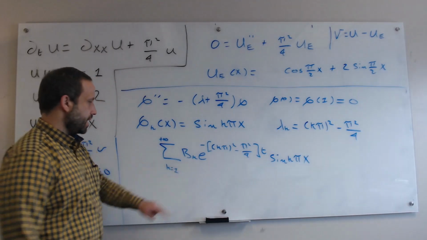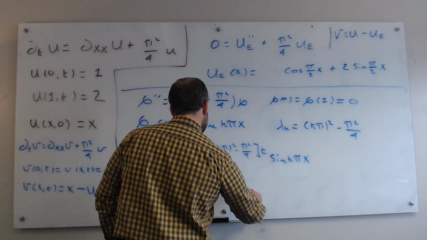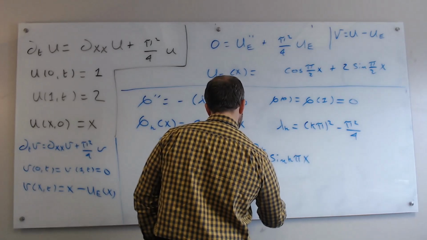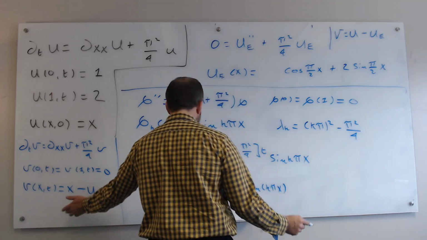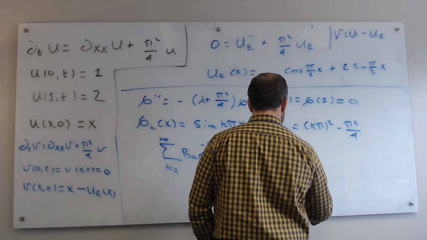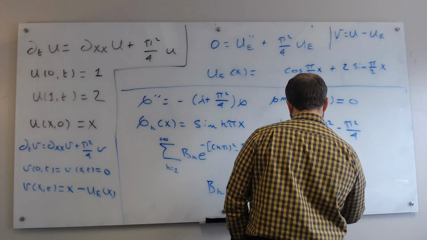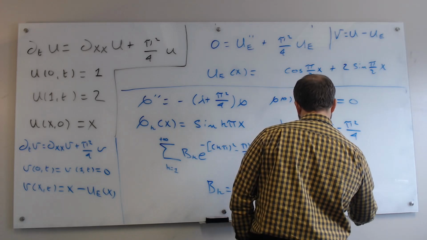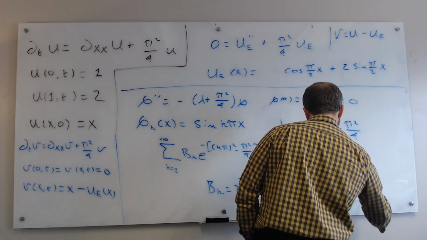And what are the b_k's? Well, b_k is going to be 2 times the integral from 0 to 1 of sine of k pi x times the initial condition, which in this case is x minus cosine pi over 2 x minus 2 sine pi over 2 x.